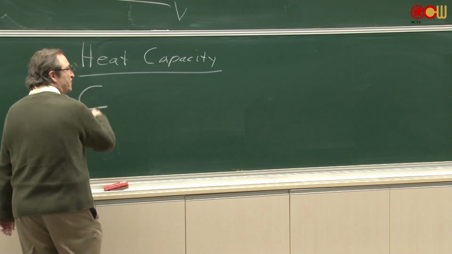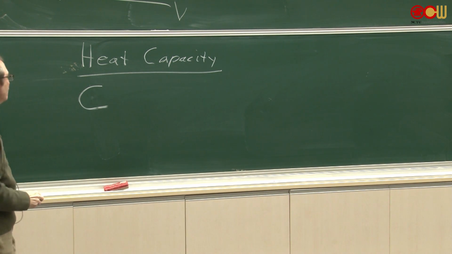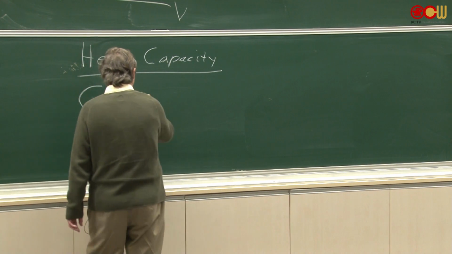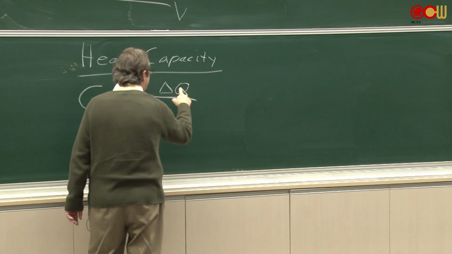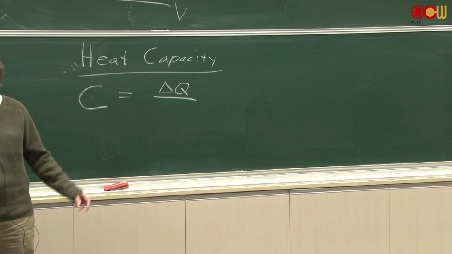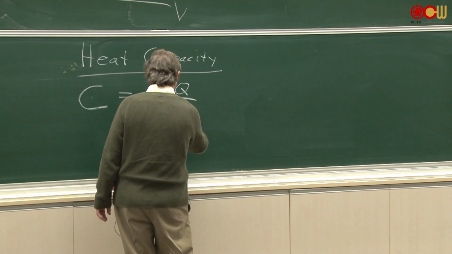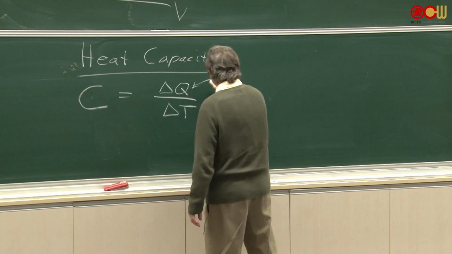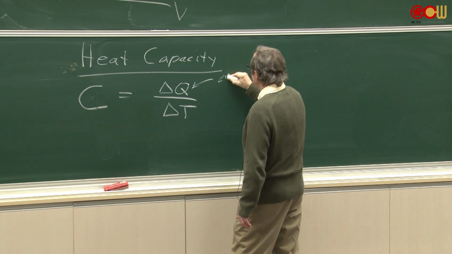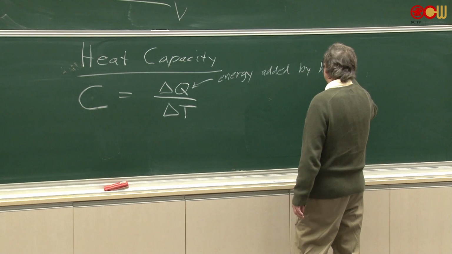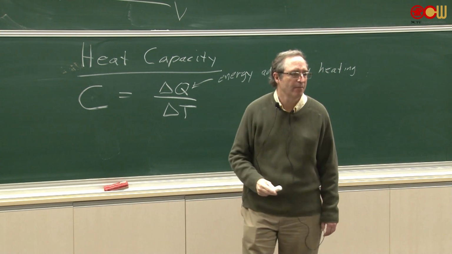C, the letter C is always used for this, is a little bit of energy added to the system by heating it, and delta T is the change in temperature.